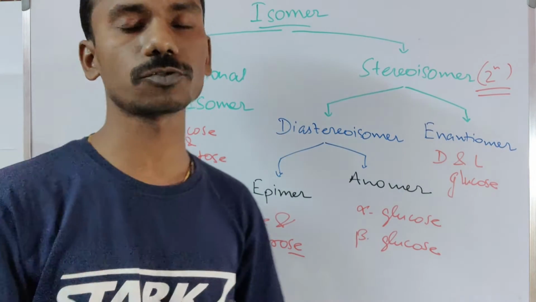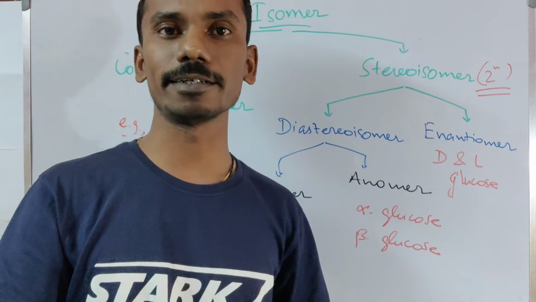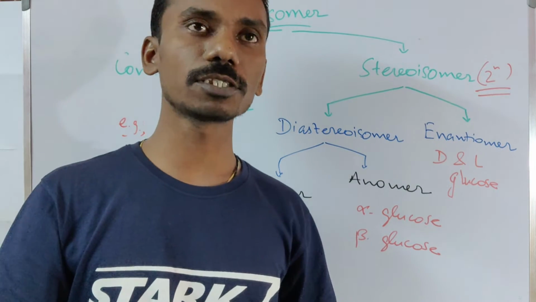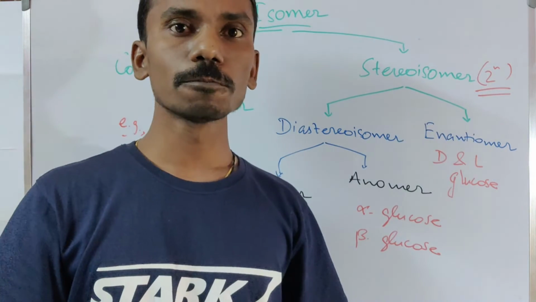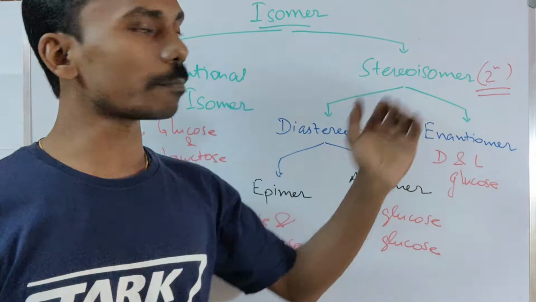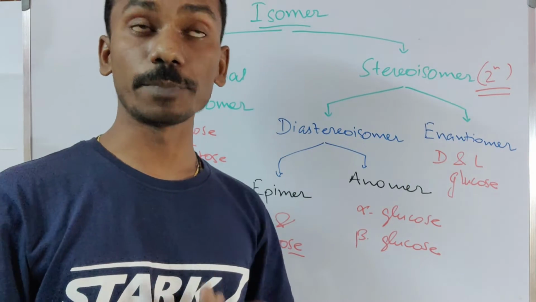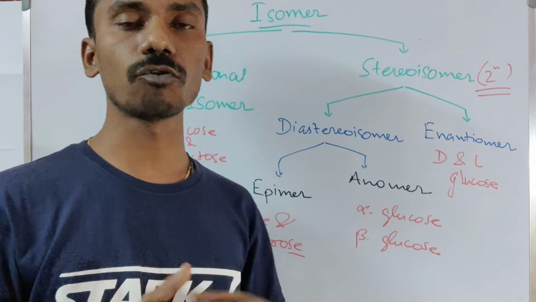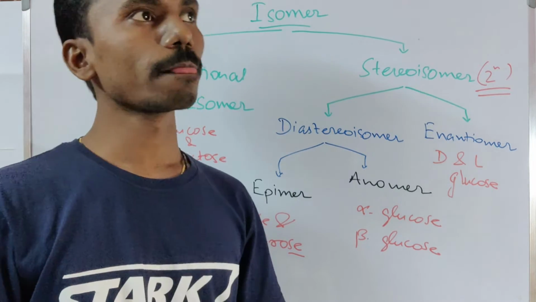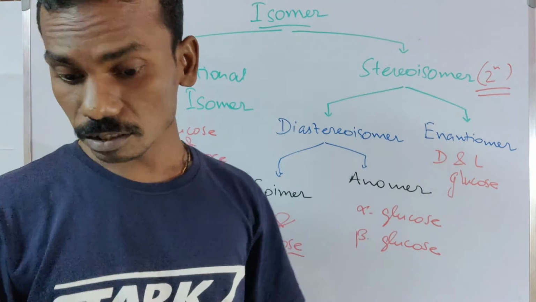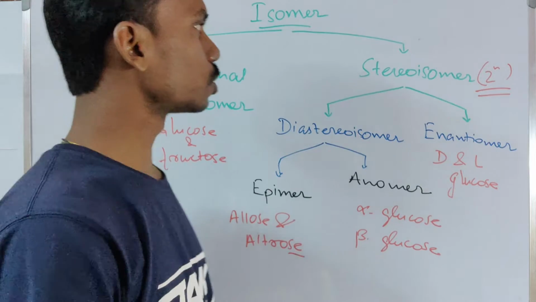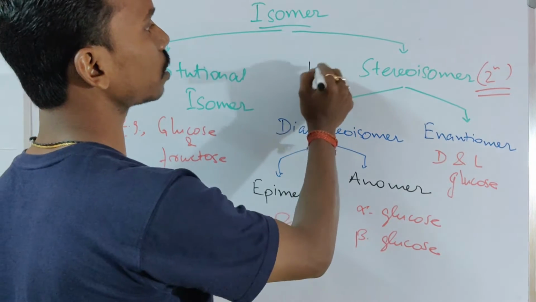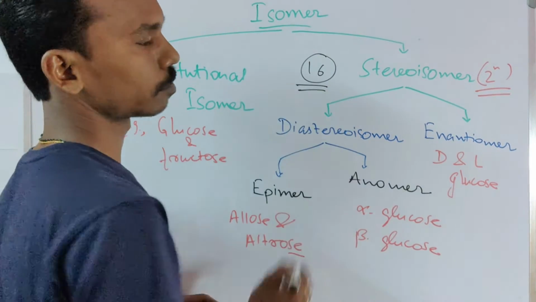What are chiral carbons? You have to go back and see my previous videos on chiral carbons. Based upon the number of chiral carbons, many stereoisomers can be formed. In glucose, there are 4 chiral carbons, so 2 to the power 4 equals 16. So glucose has 16 possible stereoisomers.